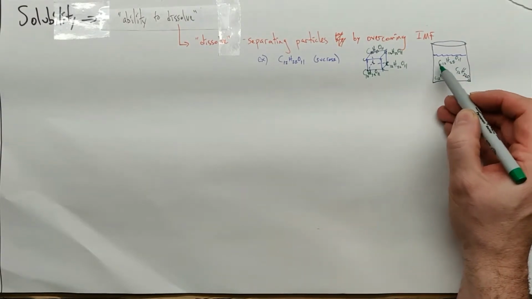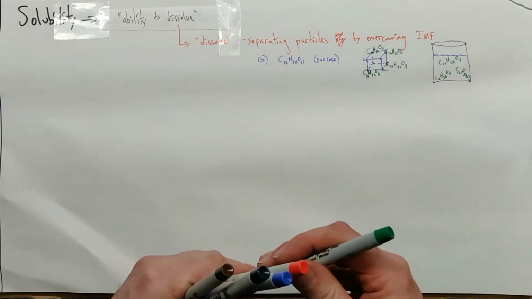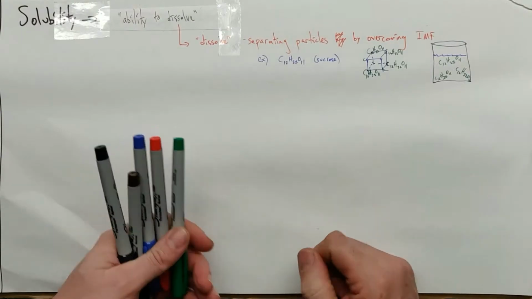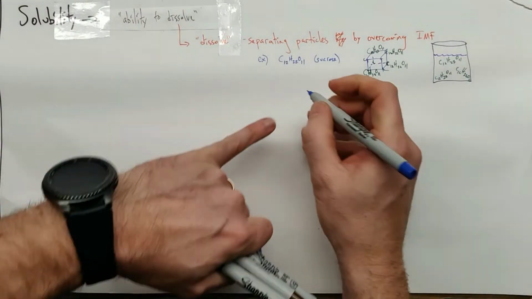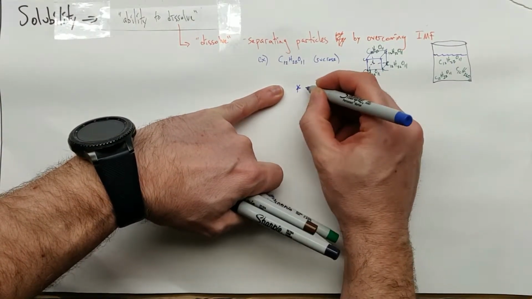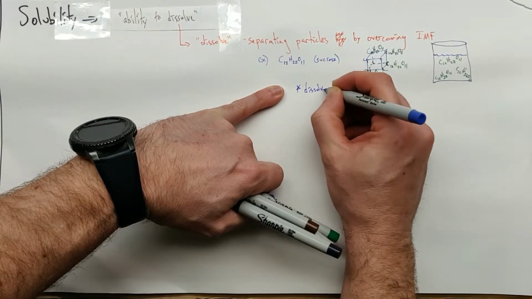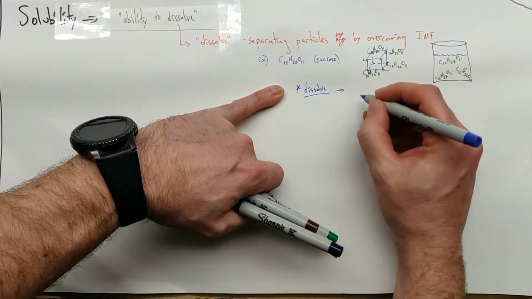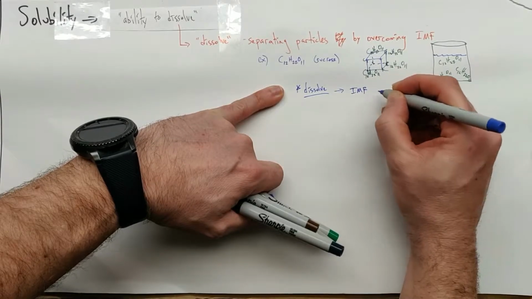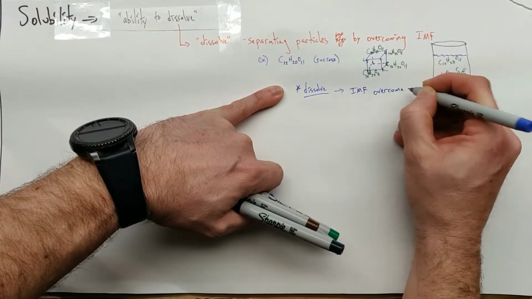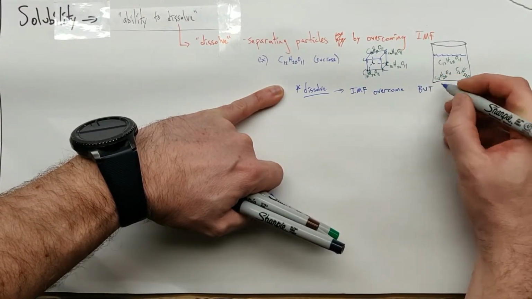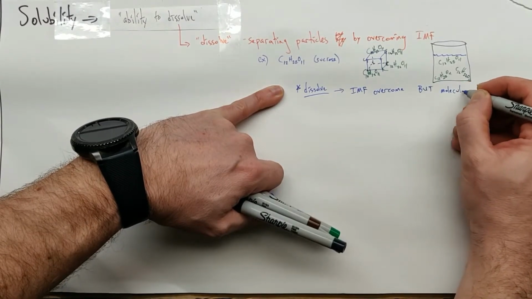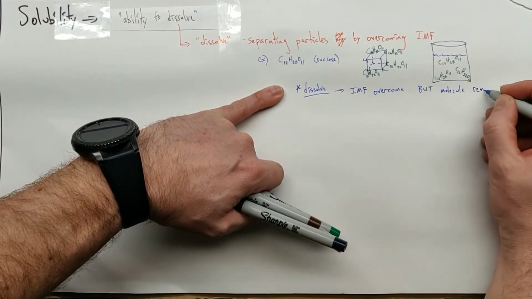The particles didn't break apart, the molecules didn't break apart, but they got farther apart as the intermolecular forces were overcome. So as we look at this, this is a distinct case of dissolving, right? The intermolecular forces were overcome, but the molecule remained intact.